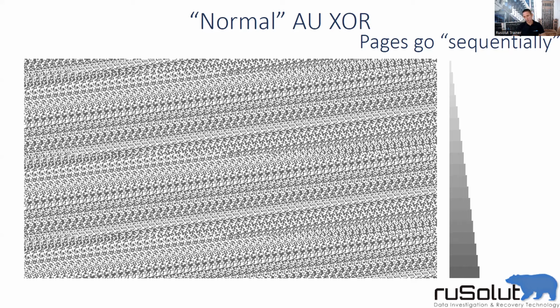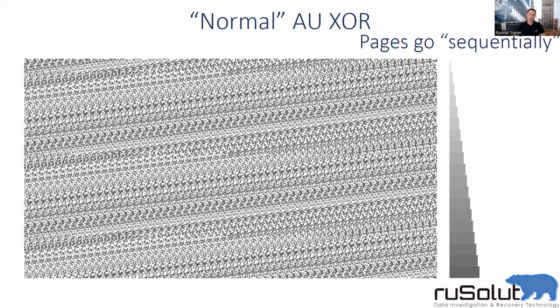That's the bitmap of a normal AU XOR key, where all the pages are written sequentially in a normal order. I tried to show it with this diagram that pages are generated sequentially. Everything is written here sequentially.